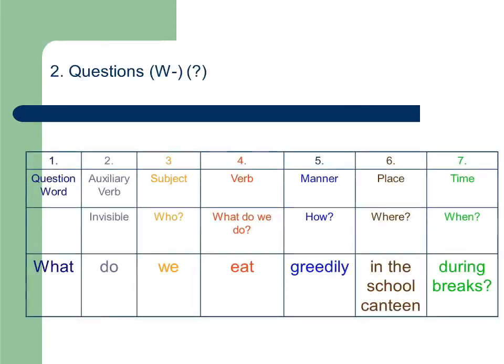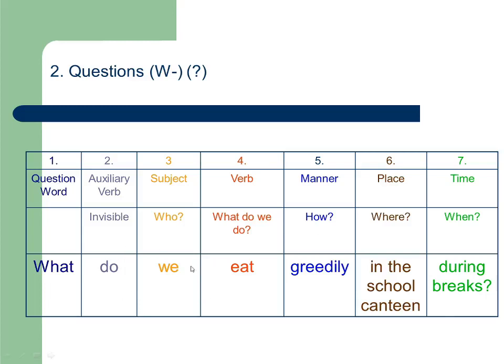Then if it is about WH questions, how can we ask a WH question? In WH questions, always a WH word should come first, then do. Look at it. What do we eat? In the previous slide, it was only beginning from this part: do we eat.